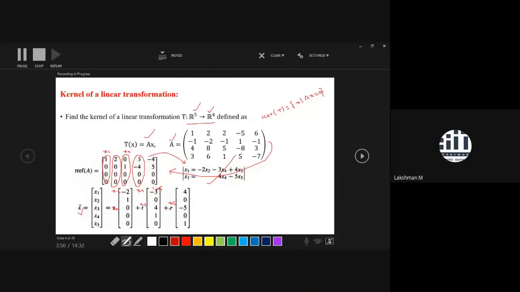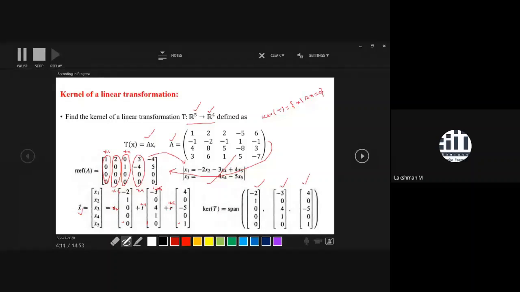So what you observe is that the kernel of this transformation is spanned by these three 5-dimensional vectors. One is this one, another is this one, and another is this one. So the kernel of this transformation is the linear span of these 3 vectors.